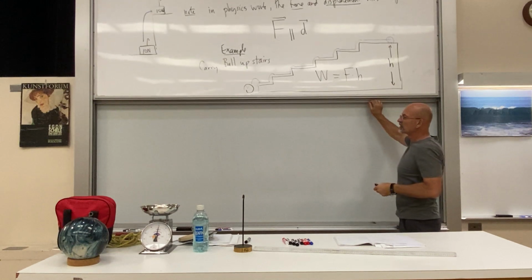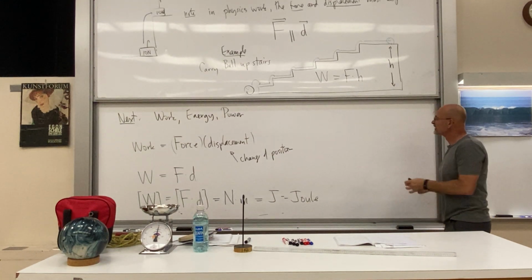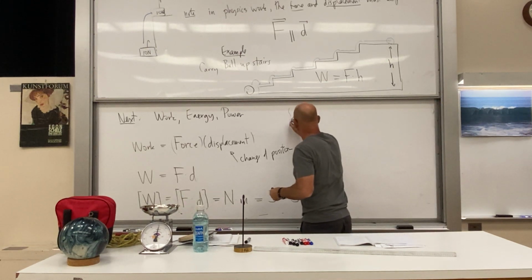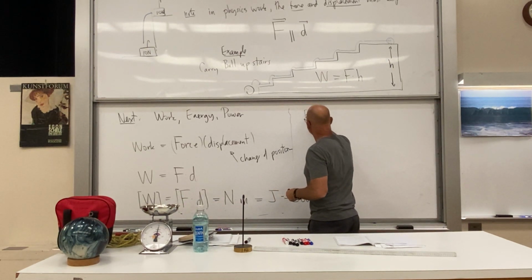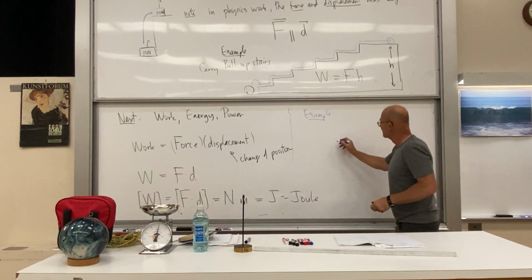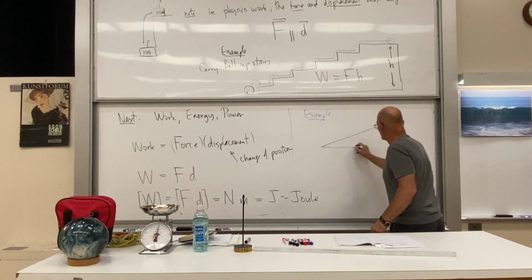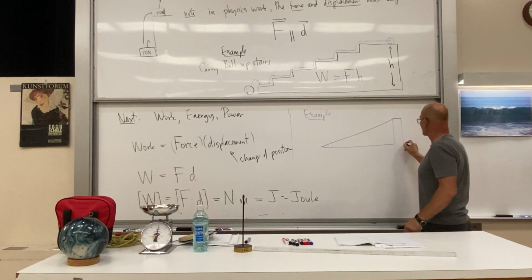And the same thing goes for an incline now. You can say an incline is kind of a limit of these stairs. So the next example that goes along with this one is if I roll the ball up the stairs. And I'll put a shelf up here so I can keep it there.